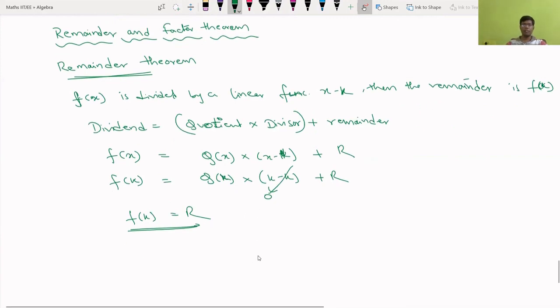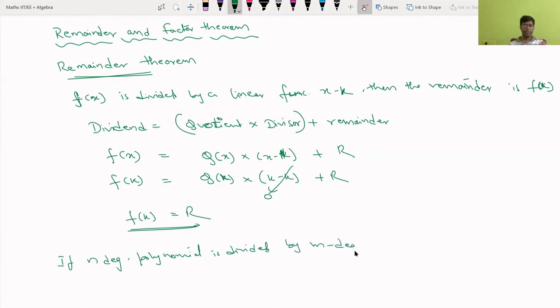Okay. So if the degree of the polynomial with which I'm dividing, say, if n degree polynomial is divided by m degree polynomial, maximum degree of the remainder polynomial is m minus 1.